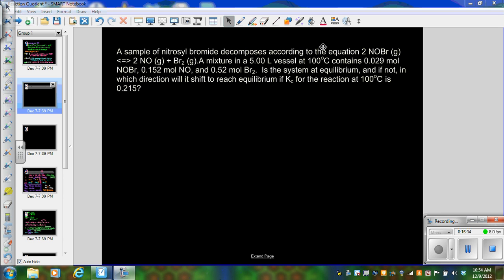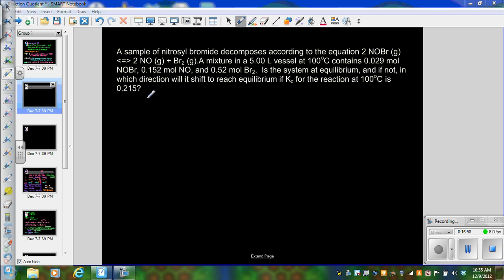So we have an example given an equation. We've got a mixture in a 5-liter vessel, gives us moles, wants to know if the system is at equilibrium, and if not, which direction it will shift. So this one's going to be a little bit faster because we don't have to calculate all the equilibrium concentrations.